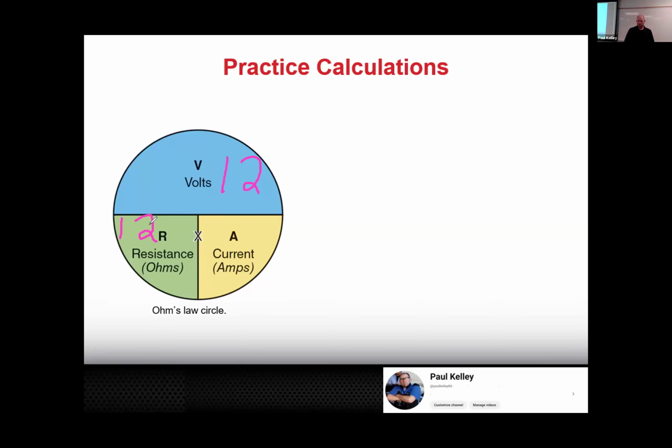And I'll slowly start talking through it. I know V. I know R. I don't know A. So I cover A, which means it's going to be V over R equals, so it's going to be 12 over 12 equals 12 divided by 12 is 1.